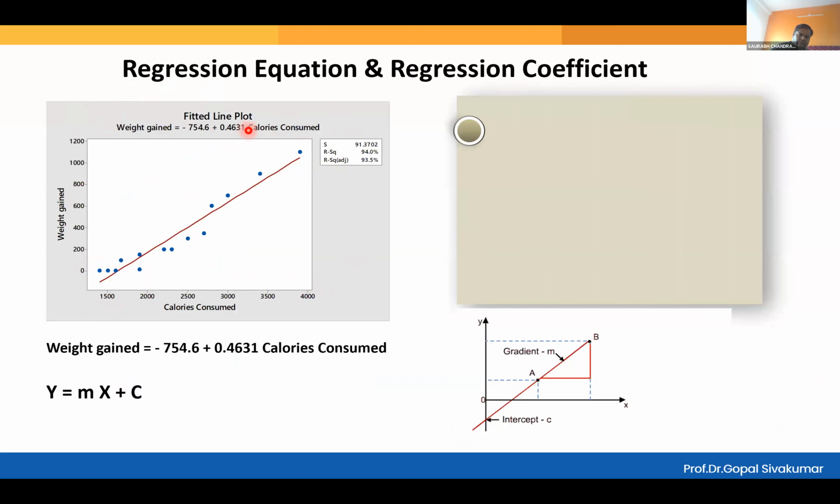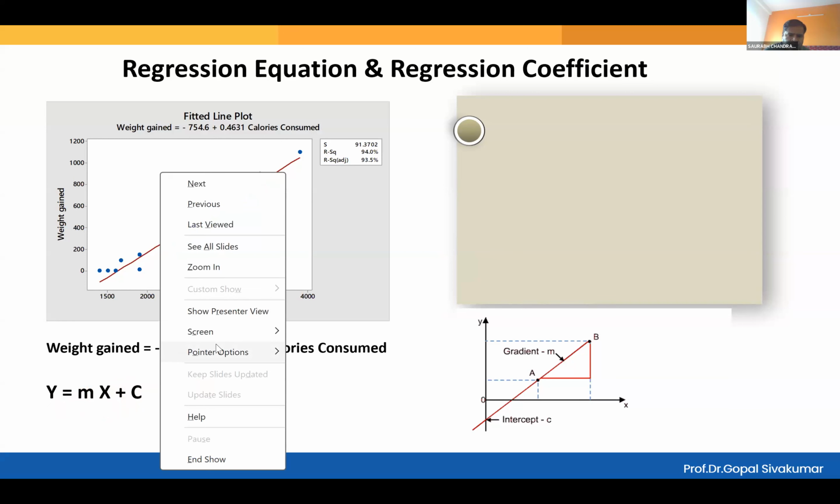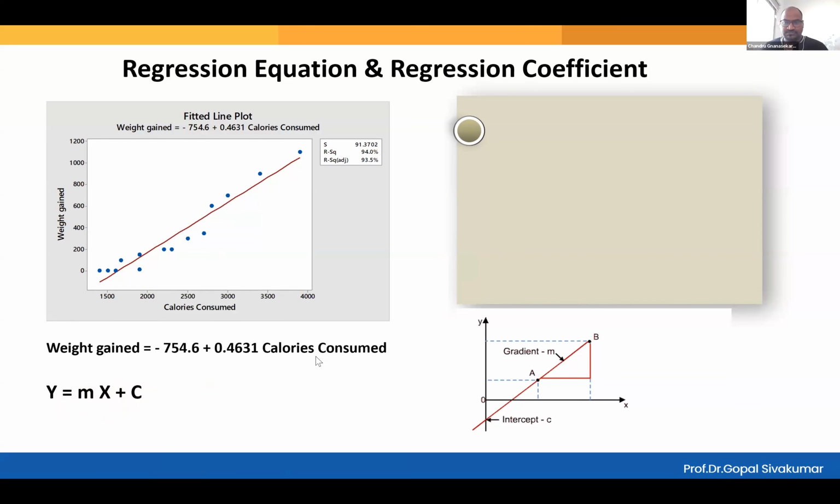The regression equation is nothing but y equal to mx plus c. Now, what is m here? Can somebody tell me what is m here? Slope. Slope means the angle your line is making with the x-axis. This is the angle.